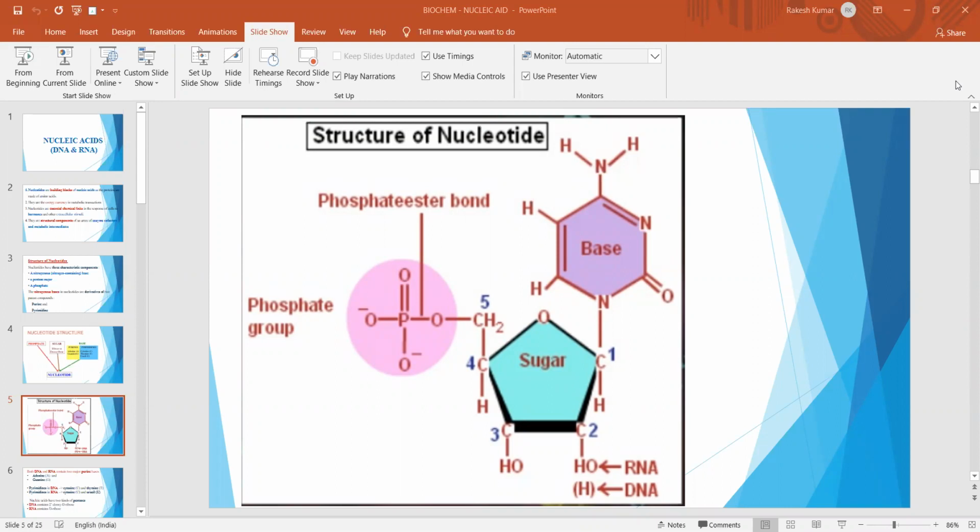This sugar is attached to phosphate group at C5, whereas C1 is attached to the nitrogenous bases. This is the basic structure of nucleotides.